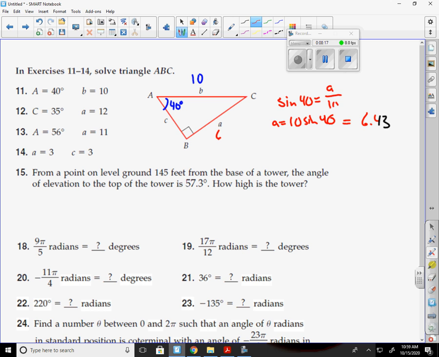So that's A. I need to find C still, which means I can take the cosine of 40, because that'll give me my adjacent side. Let's go with C, because that's the adjacent side. So cosine 40 is C over 10. Multiply both sides by 10.